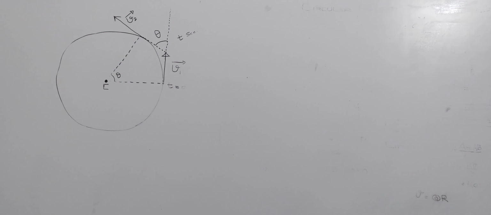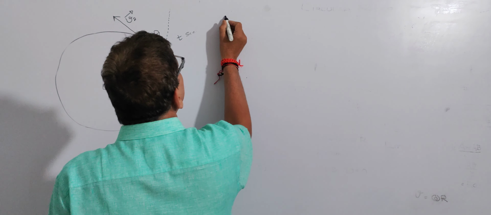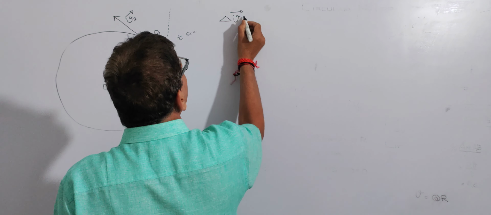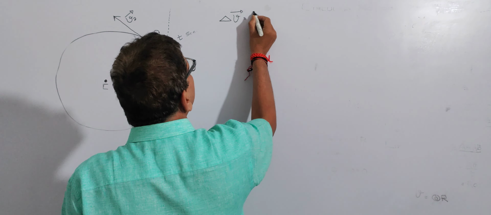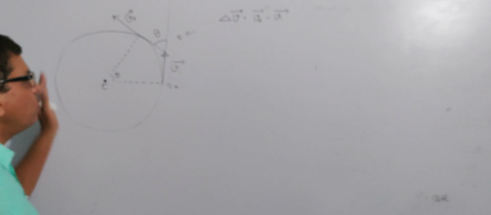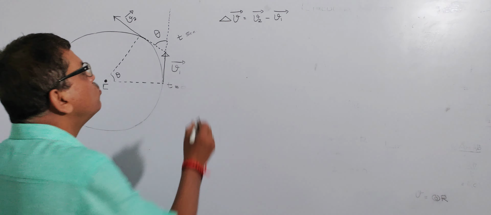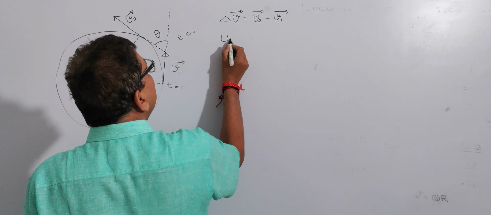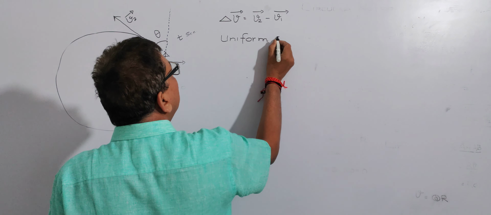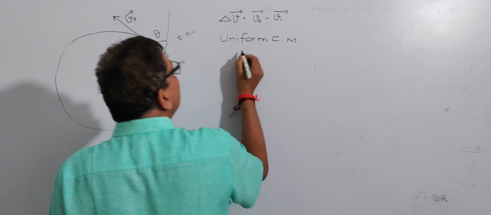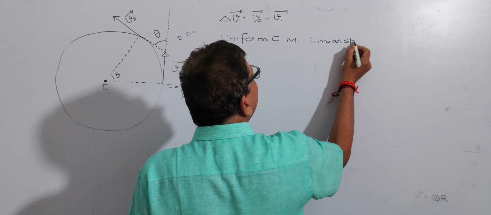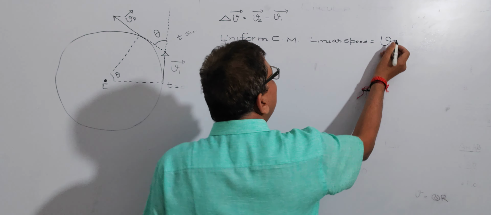Is it? Now to find out the change in velocity vector, I can say delta v vector can be written as velocity vector 2 minus velocity vector 1. Now the object is moving with uniform linear speed. So in uniform circular motion, when the object is moving with uniform speed, I can say the linear speed is represented by, let us take, v.